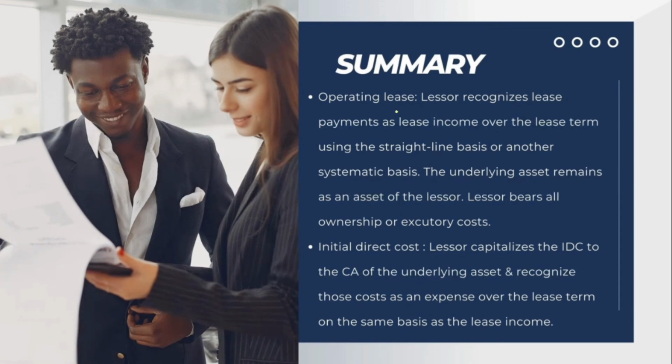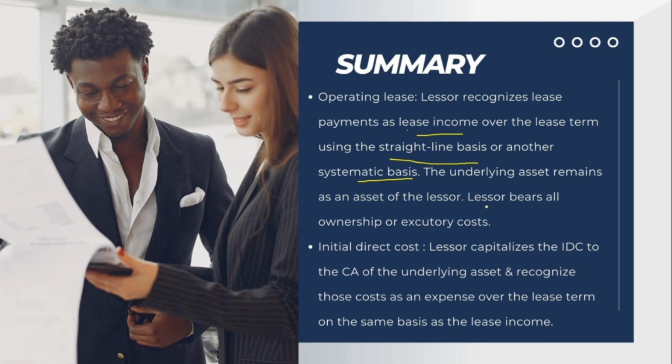In operating lease, lessor recognizes lease payments as lease income over the lease term using straight-line basis or another systematic basis. The underlying remains as an asset of the lessor since nagpaabang raman siya and there is no transfer of ownership at the end of the lease term.